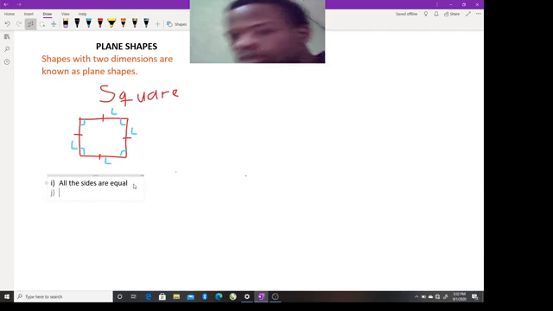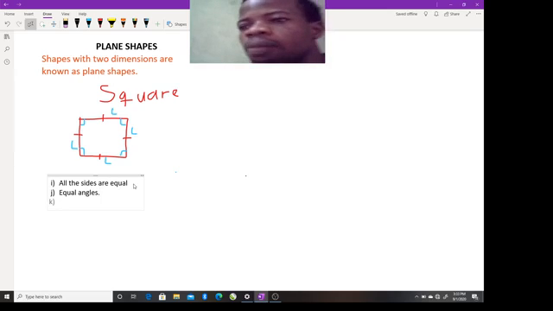2. It has equal angles. Okay, the next is the third one.